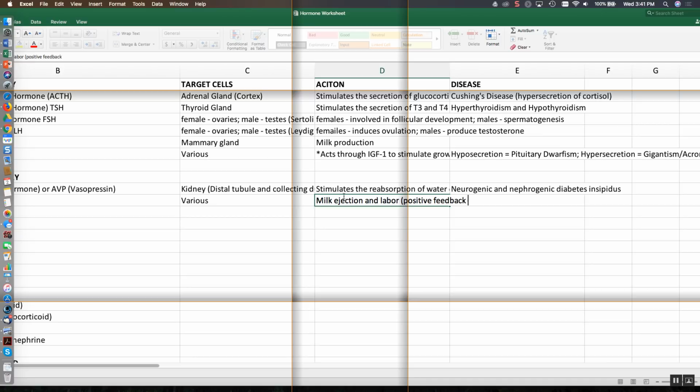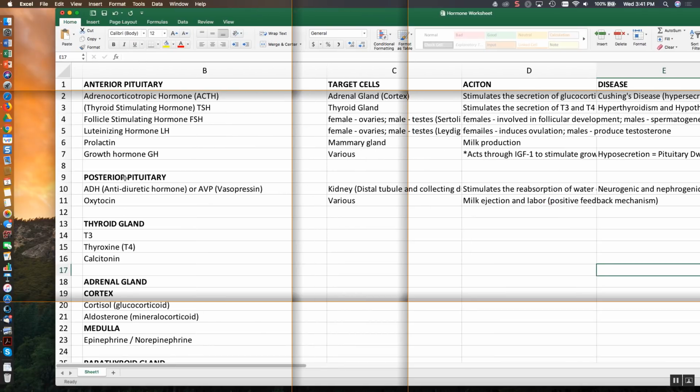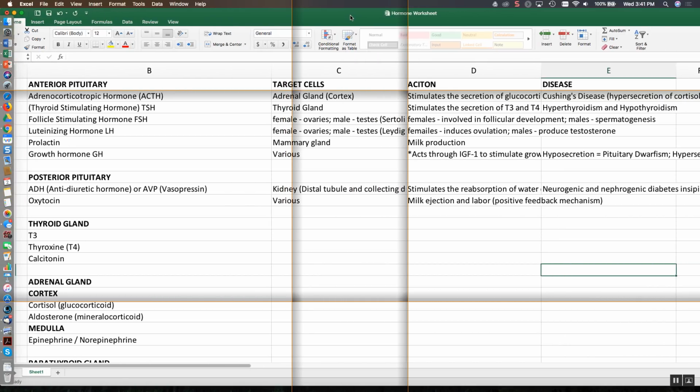When women are in labor, stretch of the cervix and contractions feed back to the posterior pituitary. Remember, these two are coming from the posterior pituitary. That causes more oxytocin release, which causes further dilation and further contractions, which feeds back to release even more oxytocin, and the whole cycle keeps going until some major event like labor occurs. Positive feedback mechanism. Classic positive feedback mechanism.